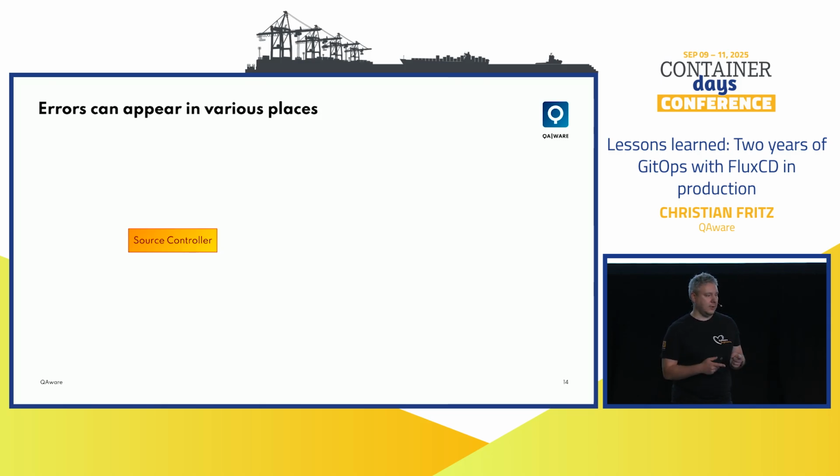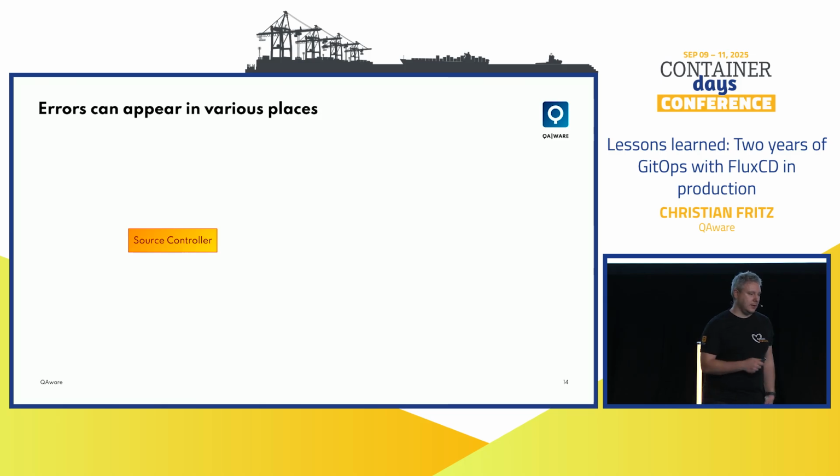The reason is that errors can appear in various places. For this, we want to take a short look into how Flux reconciles everything, and there it gets clear where the errors can occur.